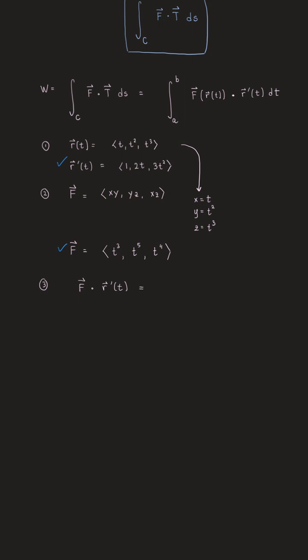So this is going to give us the dot product of t cubed, t to the fifth, t to the fourth, dotted with r prime, which is 1, 2t, and 3t squared. And that's going to give us t cubed plus, multiplying the second components together, 2t to the sixth, plus 3t to the sixth. So we get t cubed plus 5t to the sixth.